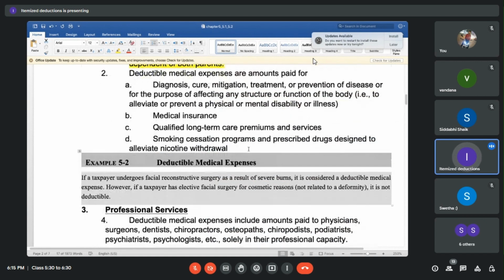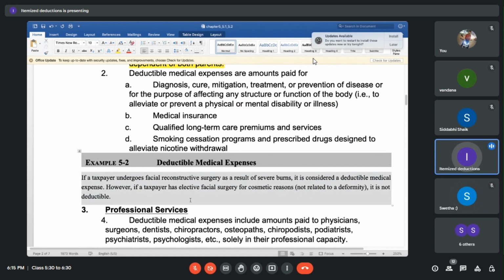Okay, we can read this. Divyansh, 5.2: if a taxpayer undergoes facial reconstructive surgery as a result of a deformity, it is considered a deductible medical expense. However, if a taxpayer has elective facial surgery for a cosmetic reason not related to deformity, it is not deductible. Correct.